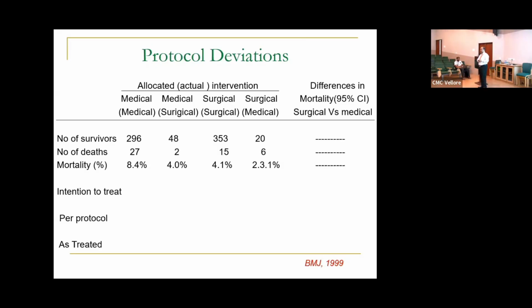Is that okay? The next question, what should go into the numerator? For intention to treat analysis, how many should be in the numerator? We have discussed the denominator. What should go into the numerator?